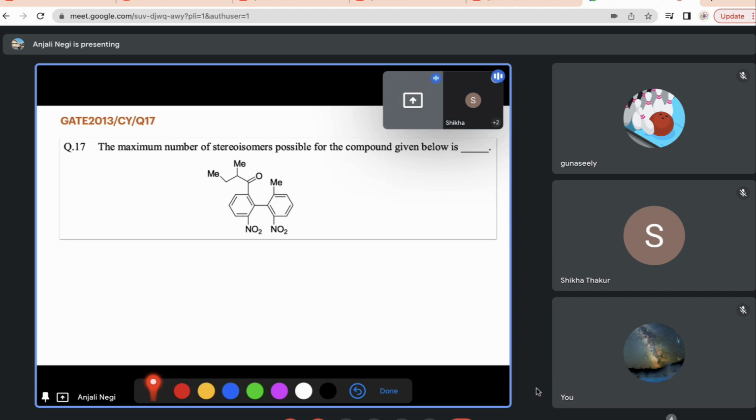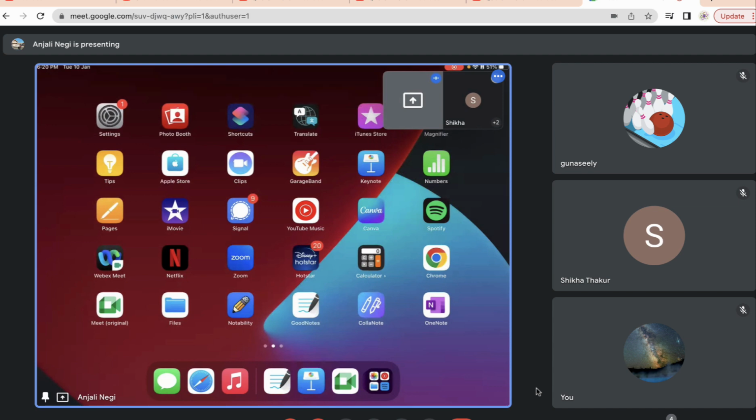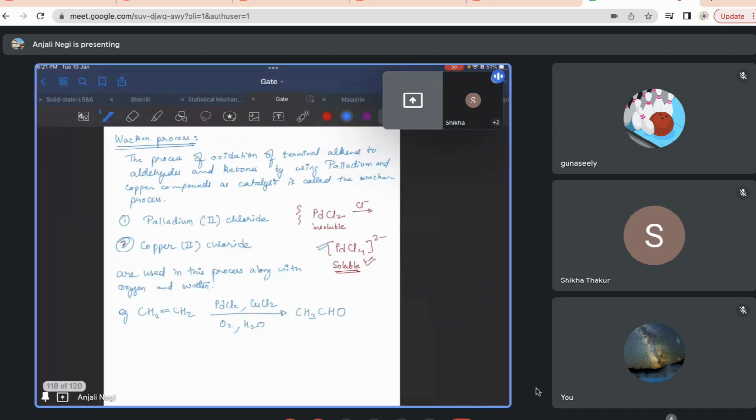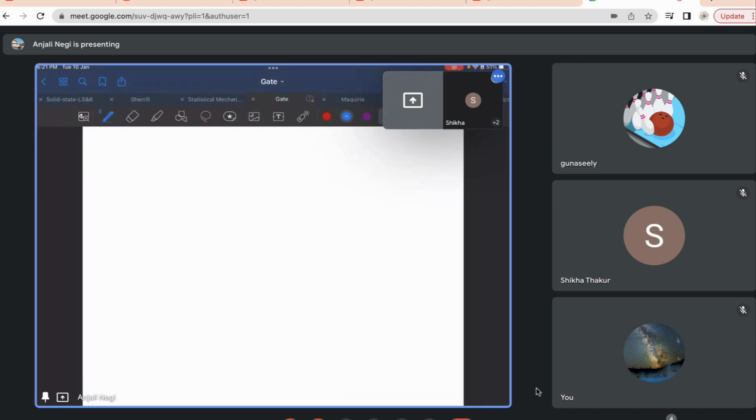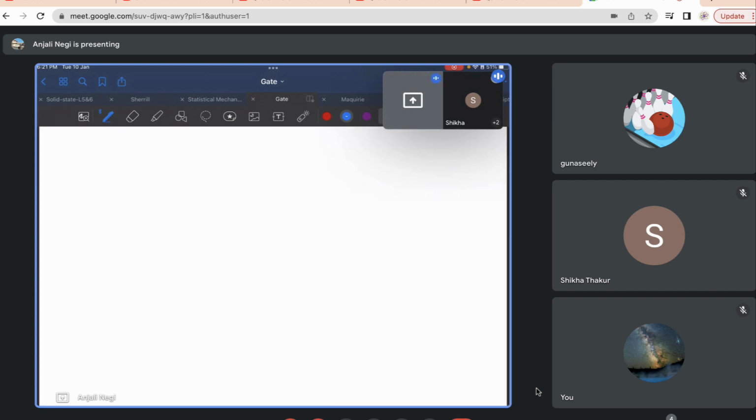So yes, let's go back. I think you can see my whiteboard now, so I will start. Talking about stereoisomers, first we should know some basic keywords or terms.